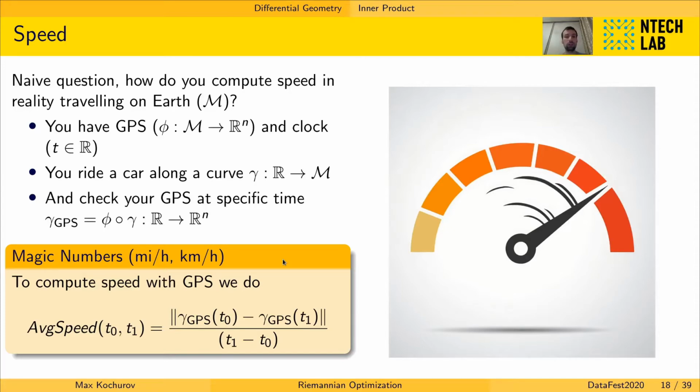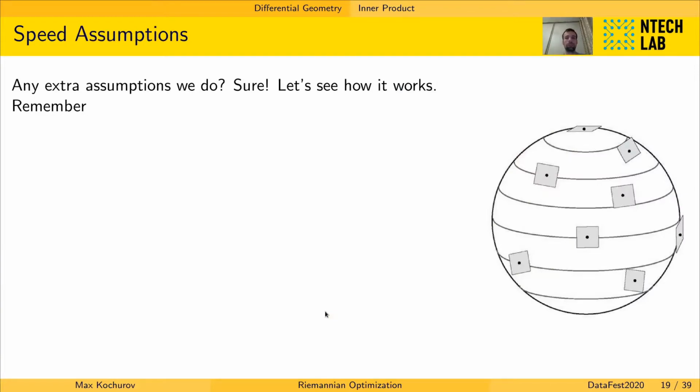Then you have two observations, T0 and T1. Then you subtract and compute the average speed while traveling between these two points. If the time difference is not that huge, then the estimate is accurate. Yes? Okay.